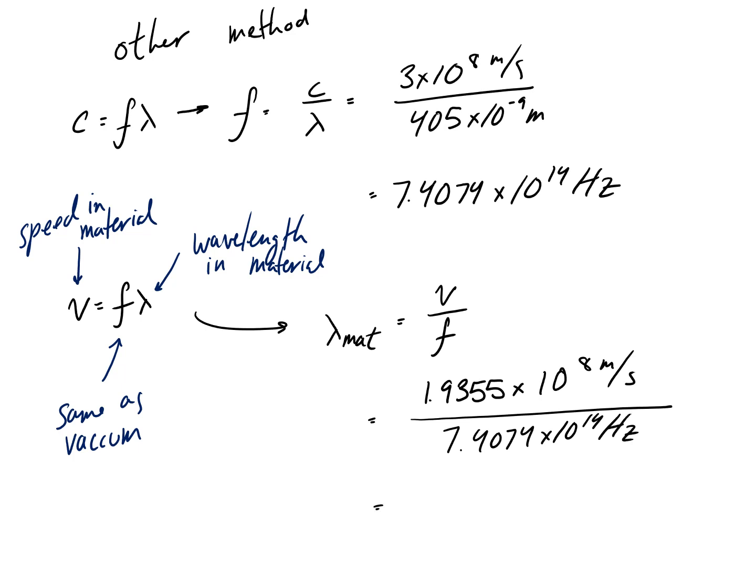Taking those two and plugging it in, I ended up getting 6.2129 times 10 to the negative 7 meters. Oh, sorry, it's 2.6, not 6.2. So that's 2.6 times 10 to the negative 7 meters.